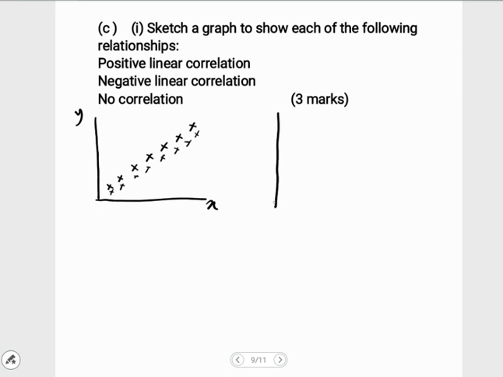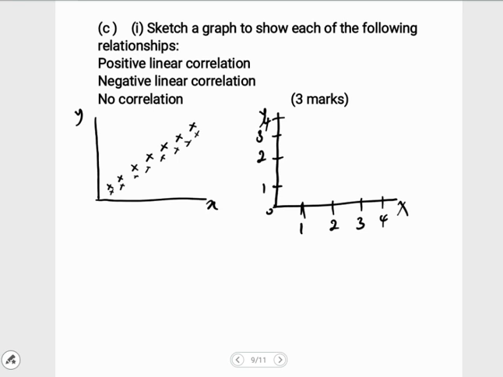So we have the ordinates, we have the abscissa, y, x. Okay, let's simply have 4 points. 1, 2, 3, 4. 1, 2, 3, 4.